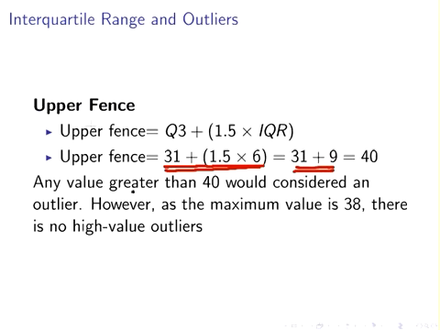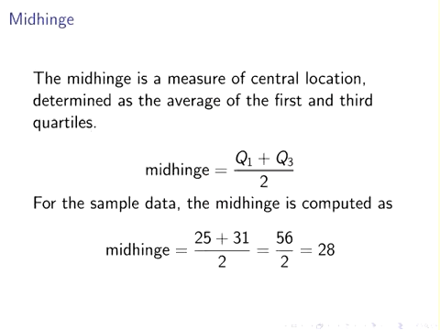So any value greater than 40 would be considered an outlier, but as the maximum value of the dataset is 38, there can be no high value outliers, because the highest value is 38, so it has to be greater than 40 for it to be an outlier. So in that case, on the high side, there are no outliers. Okay, so that's how we might use the interquartile range to determine the fences.